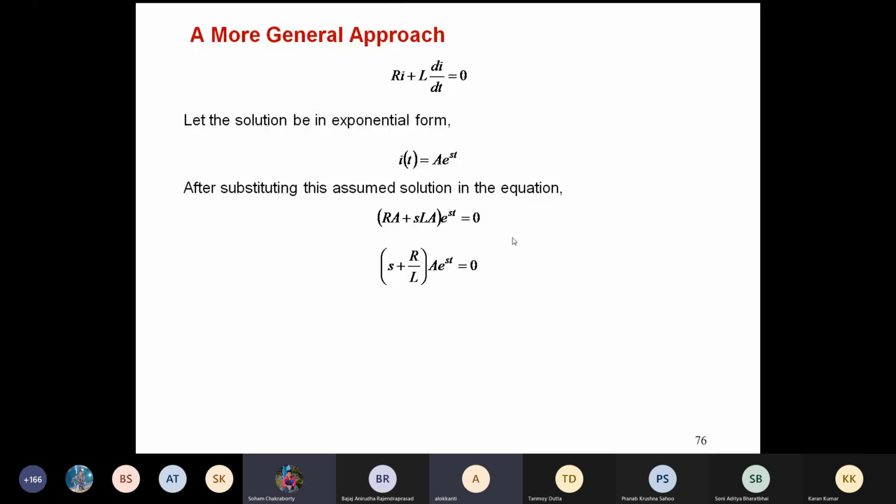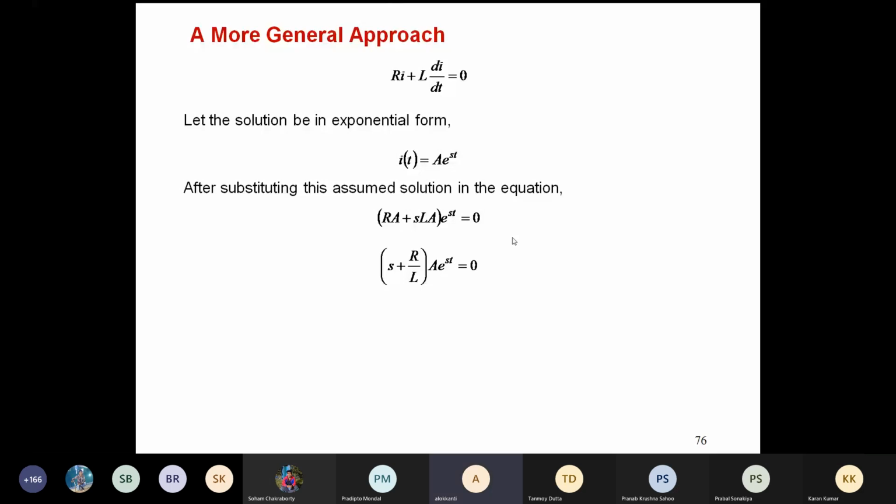Any other guess? A cannot be 0, because i cannot be 0 always. But A can be equal to 0 because it satisfies the original equation. If current is 0, then di/dt is also 0, so the equation is satisfied.